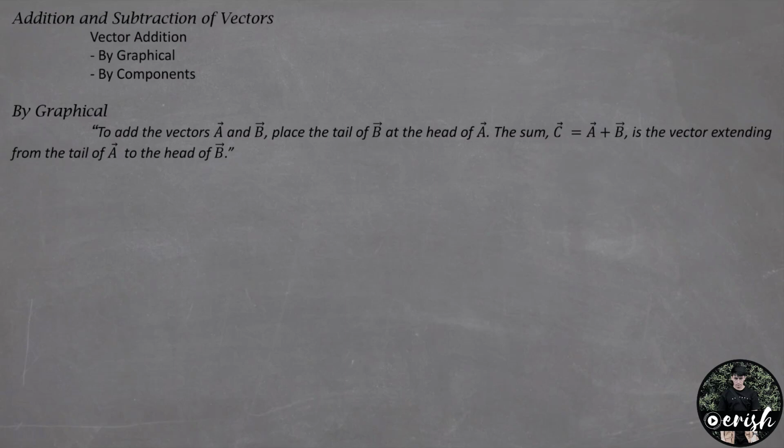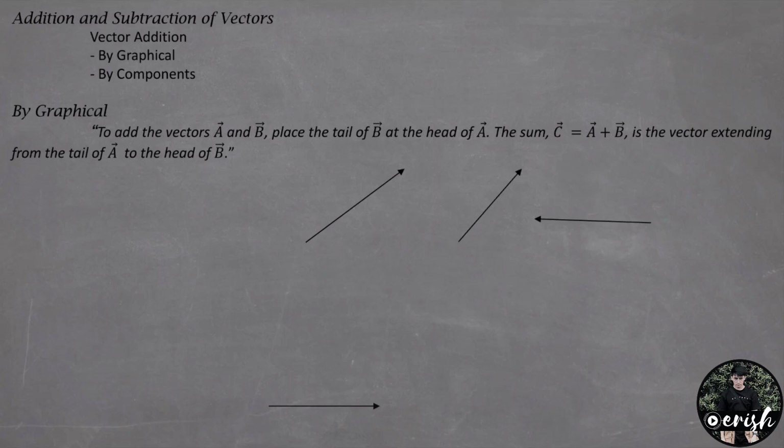So, para mas ma-visualize natin, say we have four vectors here. This is the vector A, vector B, vector C, and lastly, the vector D. So, sa graphical method, or tinatawag din natin siya na head-to-tail method, kuhanin muna natin yung vector A. Well, ilagay natin dito.